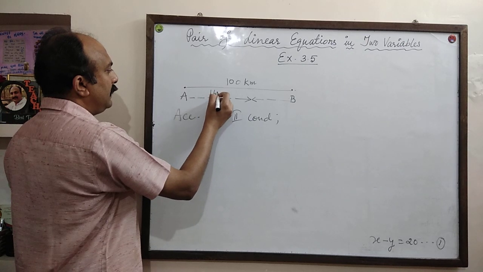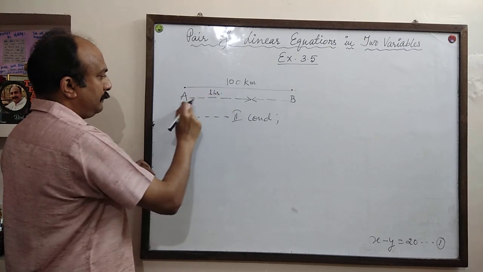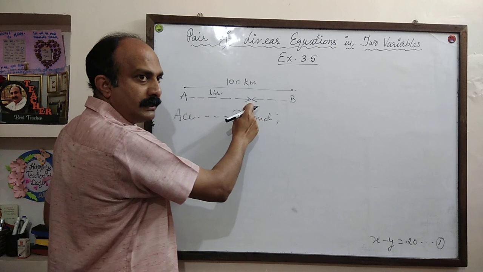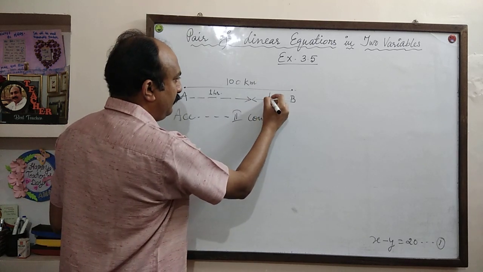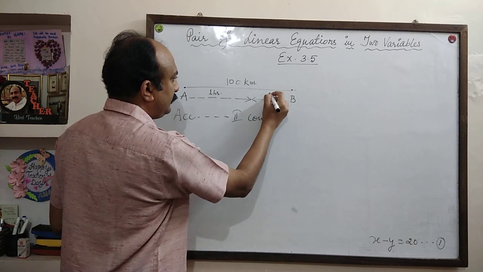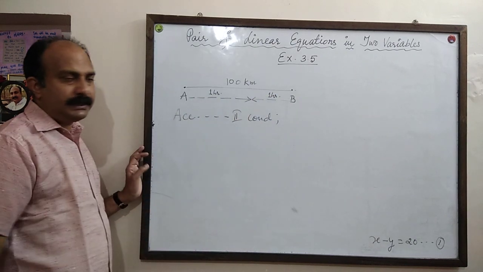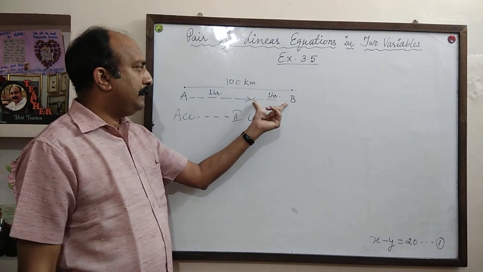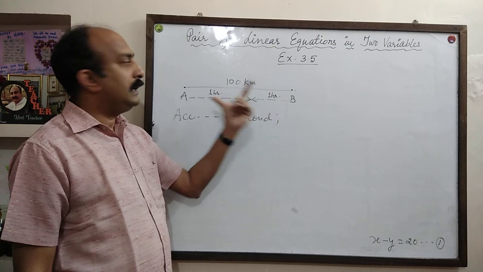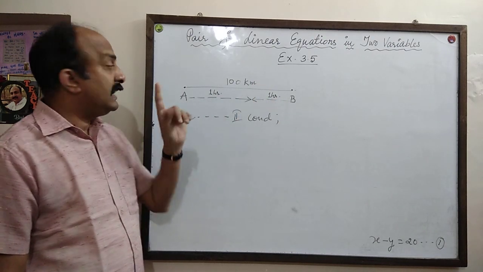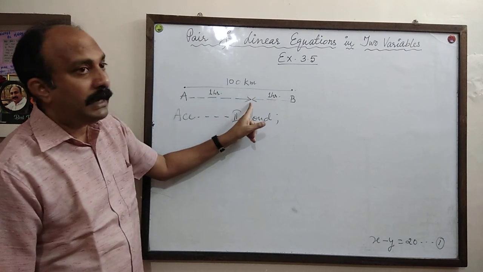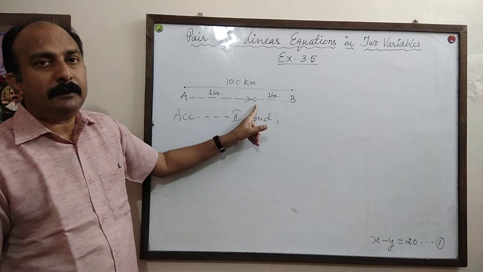So in 1 hour time, suppose A travels this much, and in the same 1 hour time, B travels towards A, and suppose B has traveled this distance. Now what is the relation between distance travelled by car A and distance travelled by car B?